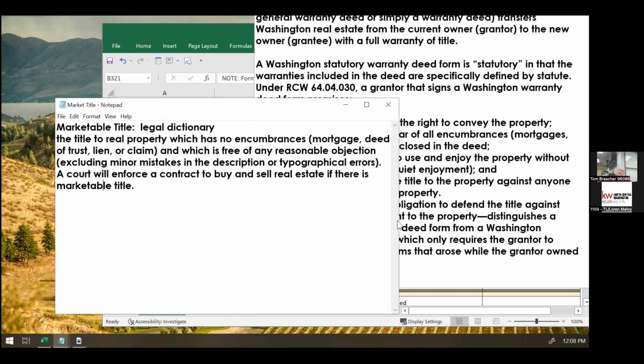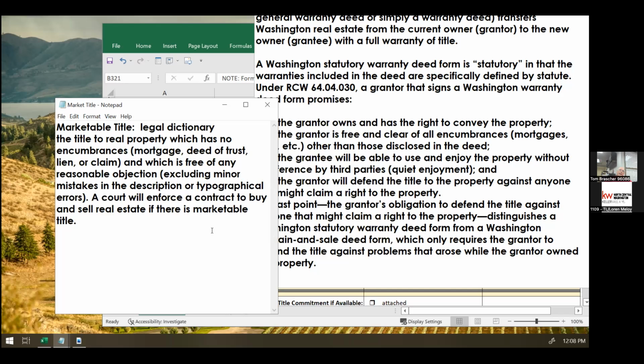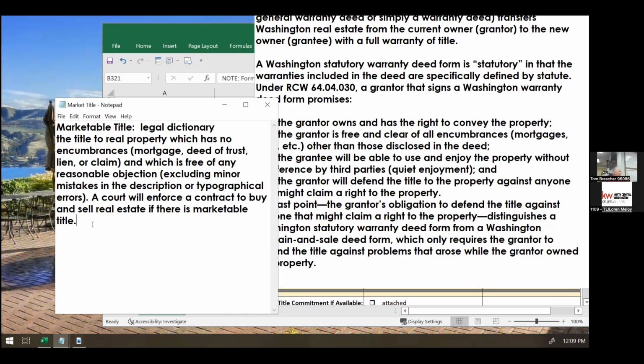I found some definitions that listed some specific things in greater detail than this. But what happened in our purchase and sale agreement for residential and for land is they specifically identify things that are okay for marketable title, and they go back into things that are described, such as CC&Rs.